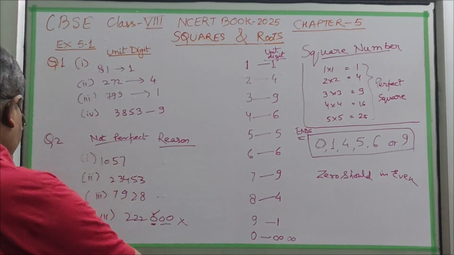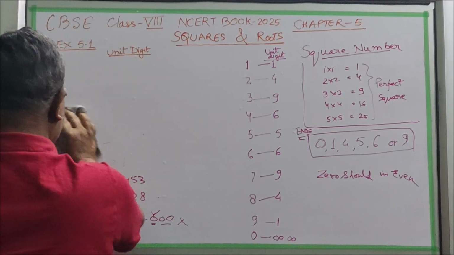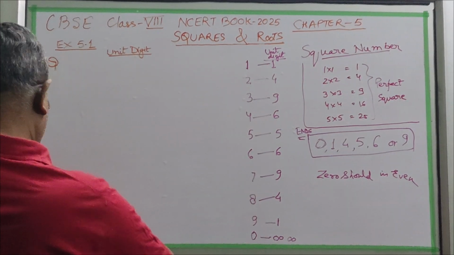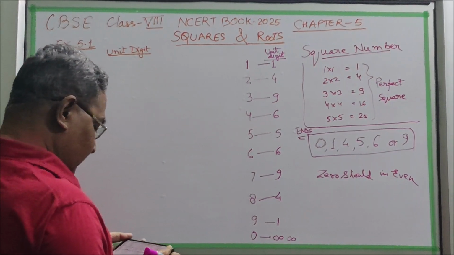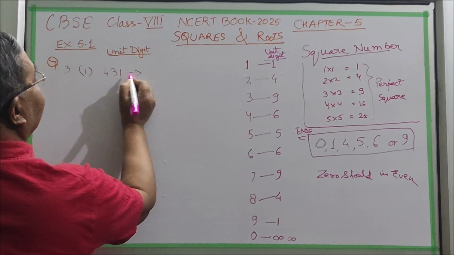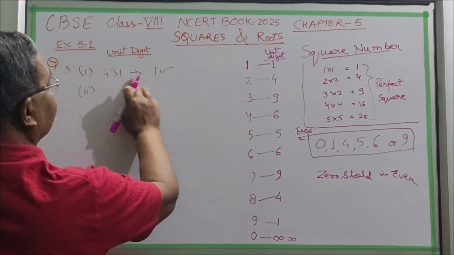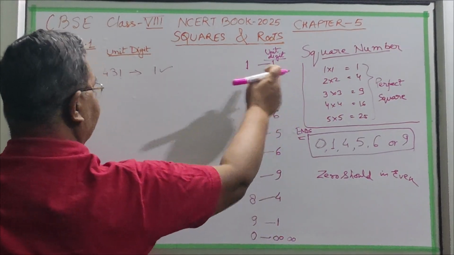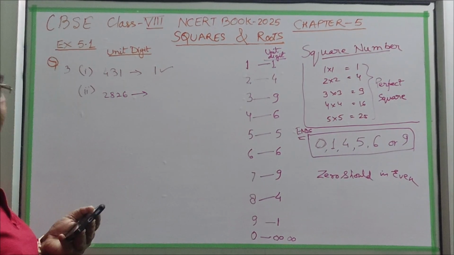Now question number 3. The squares of which of the following would be an odd number? 431, its square, because the last digit is 1, the unit digit of the square will also be 1, so an odd number will come. Then 2826.